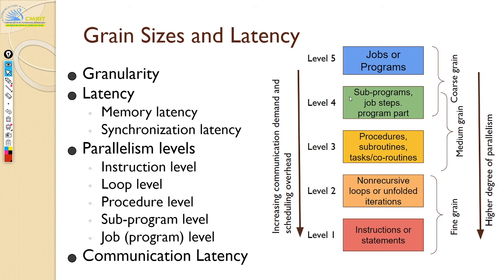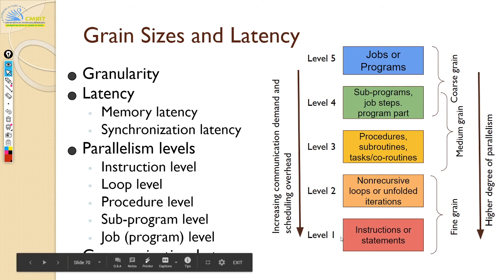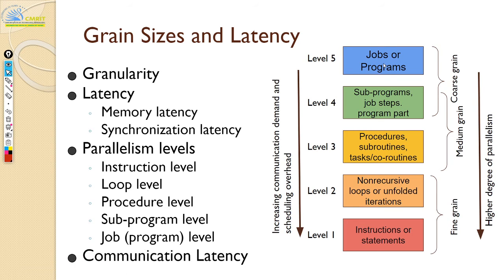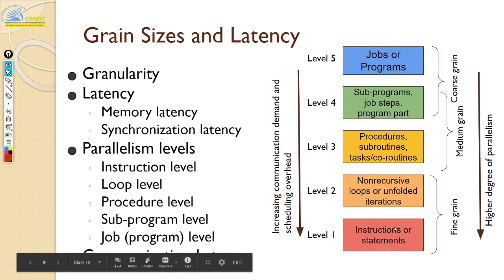As the levels go from the application or job level to your instruction level, your communication demand is also going to go down. Why? Because here the amount of data that has to go from one processor to the other is going to be very high, but here it's going to be less.